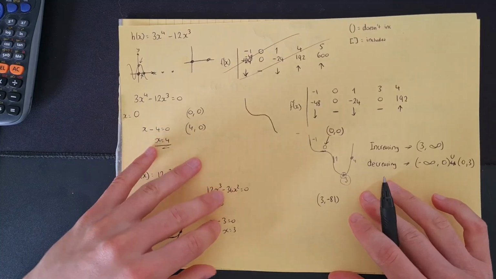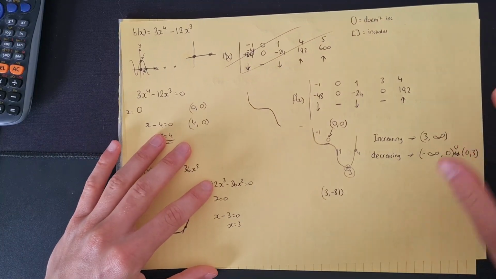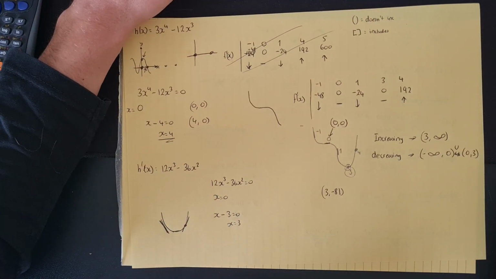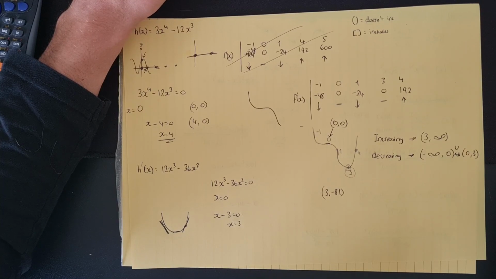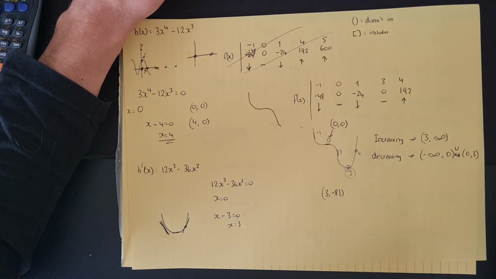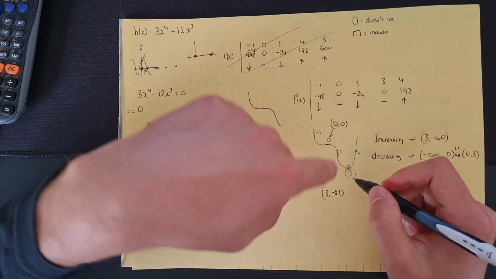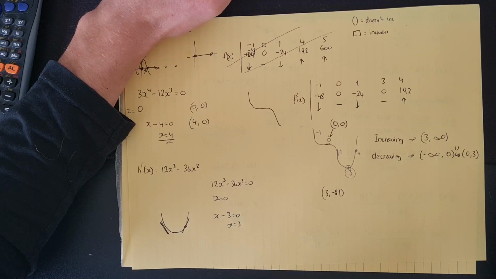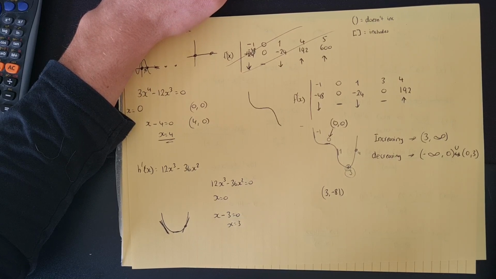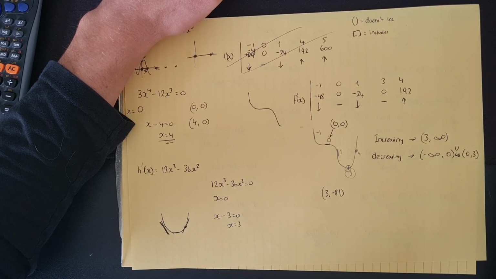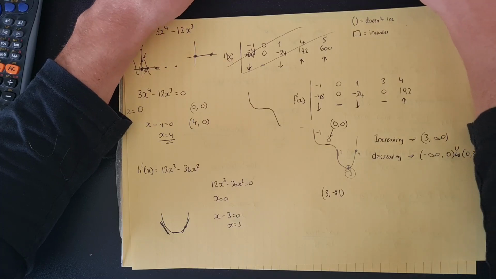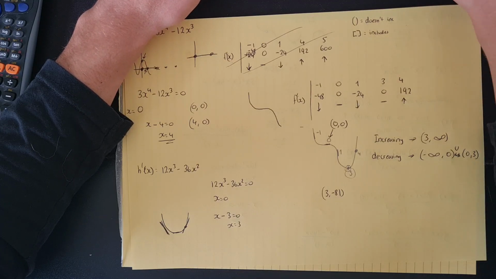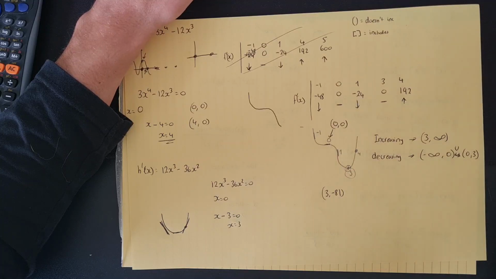Now I've got another question for us. Okay, so it's saying, using your tables of signs from question 5, find all local minima and maxima for h of x. So the local minimum we said is going to be at x is equal to 3. Local minimum point is going to be 3 comma negative 81, that's what we found here.